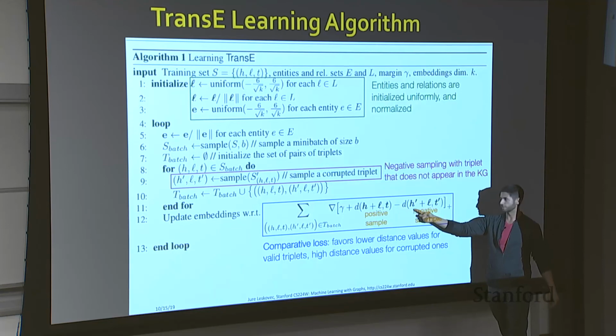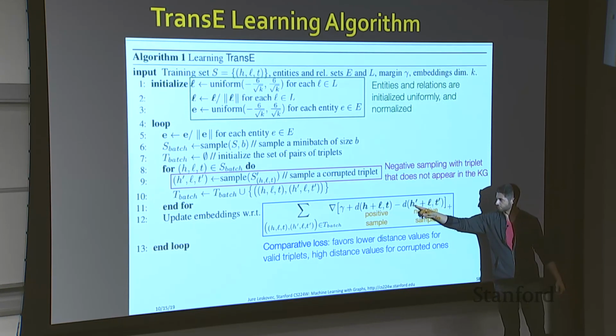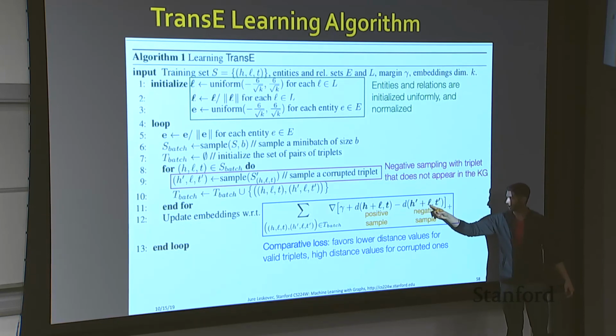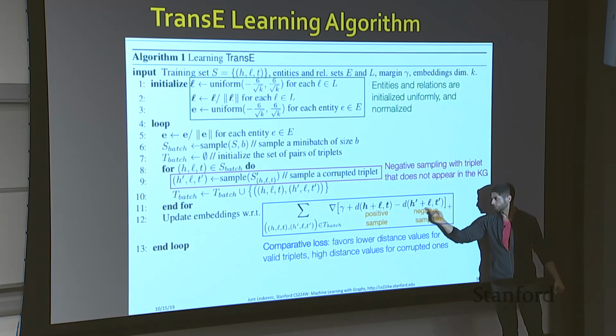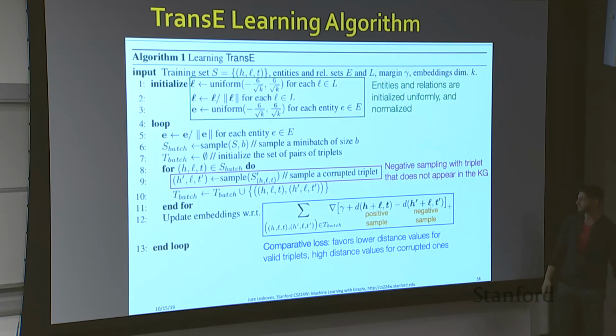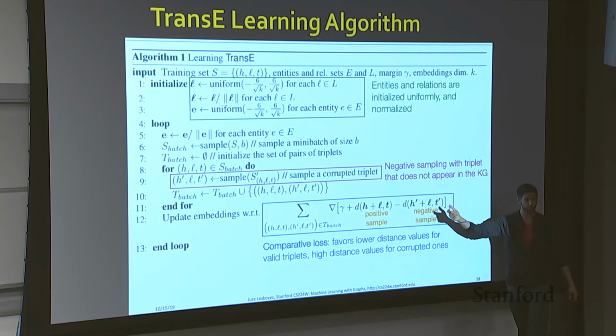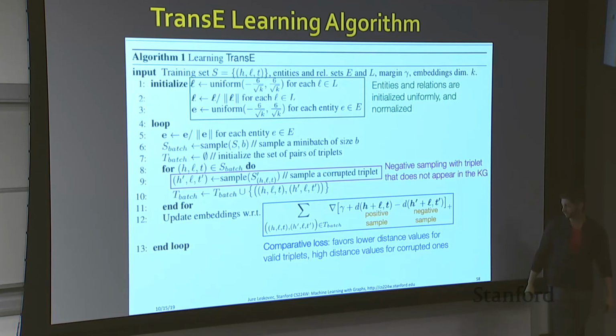And what we want here is that this distance has to grow, right? Because when we translate H prime with our relation L, it should be pointing to a very distant entity. So this value will grow, okay? And this is what's called a comparative loss. Basically what it does is it favors lower distance values for the valid triplets, and it instead gives high distance values for the corrupted ones, okay?